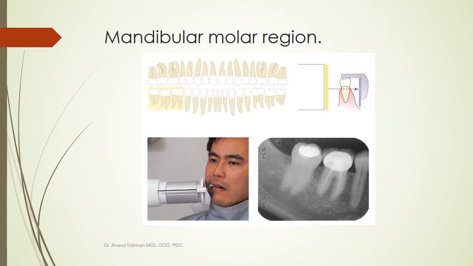region, mandibular posterior region. So in all of this, the principle remains the same, and the device does most of the job for you. All you have to do is position the device correctly inside the patient's mouth and ensure that your tube, or your PID, position indicating device, is directly coinciding with the ring. So you do this, you achieve a very good radiograph.